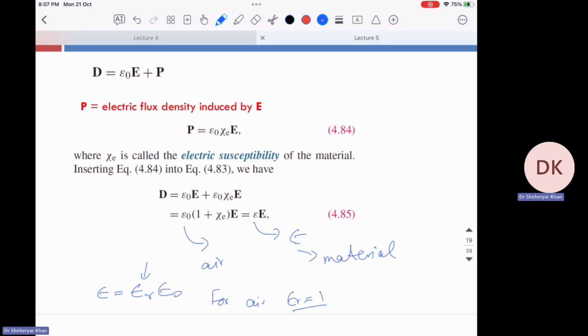Okay, here you see, we have a list of all the different parameters. See, glass is 3.7 times 10 to the power minus 10, right?